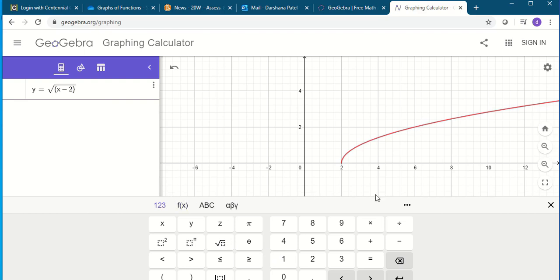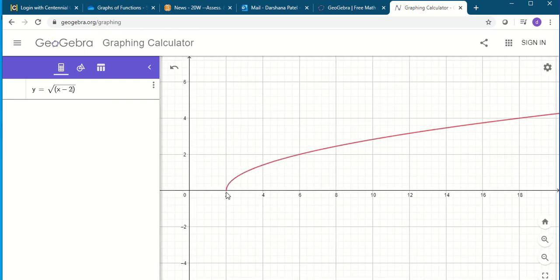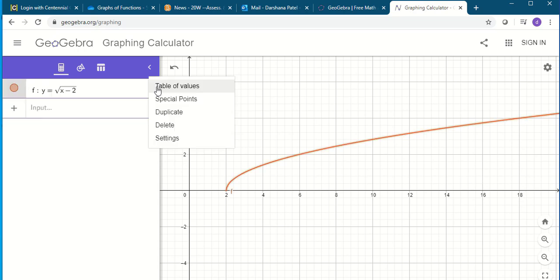Okay, so if we see that graph, then here when x is 2, y is 0. When x is 3, y is 1. When x is 6, y is 2. That point right here. When x is 11, y will be 3. And when x is 18, y is 4. Those are the points we will plot.